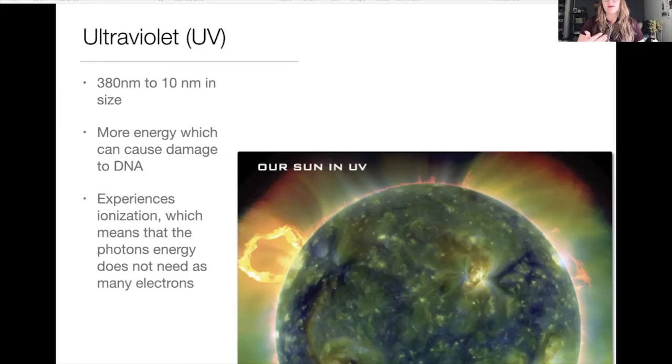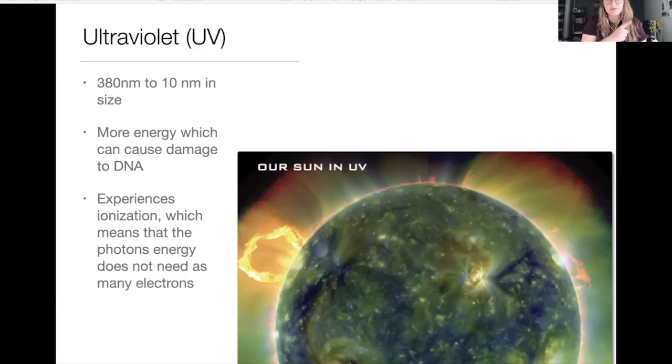Electrons, neutrons, and protons make up atoms, and when photons have more energy, atoms can lose their electrons. There are electrons floating around, and it creates this thing called ionization. It can be pretty dangerous to have that, at least at this energy level.